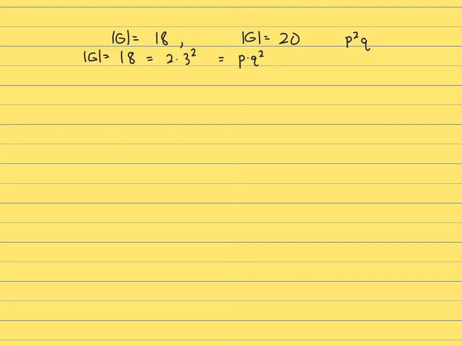And so, of course, the point is that there's a Sylow 2 subgroup P and a Sylow 3 subgroup Q. Notice that Q has order 9. And so the point is that there's supposed to be two possible cases. Either P is normal in G, or Q is normal in G.